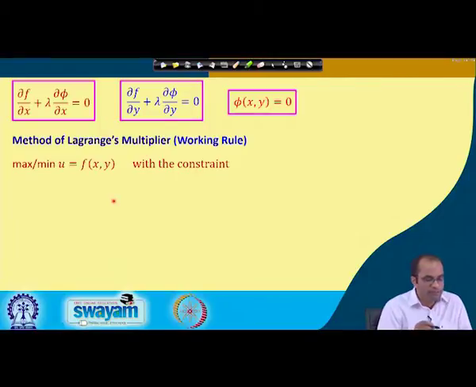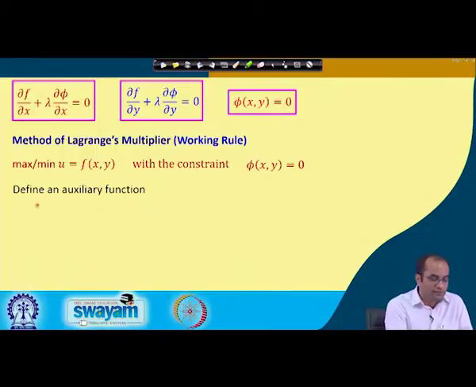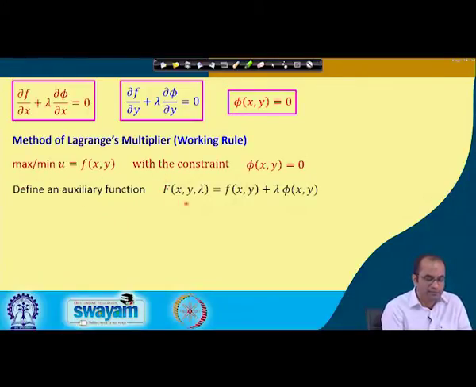So, we have the problem that we want to minimize or maximize u equal to f x y under this condition that x y satisfies this relation, and we just define an auxiliary function. So, we define F of x y and lambda by introducing this lambda here. We take this function f x y which we want to minimize or maximize, plus this lambda and this constraint, phi x y. So, we need to define such an auxiliary function.